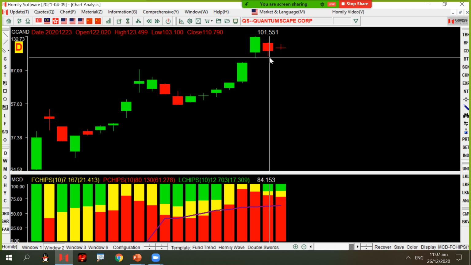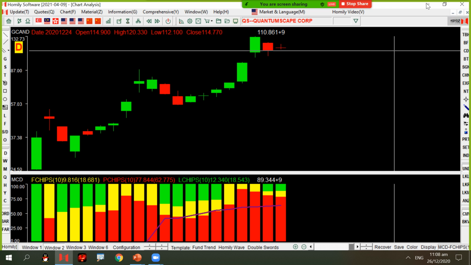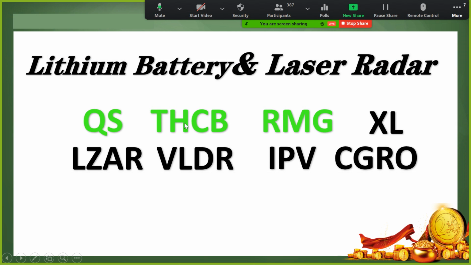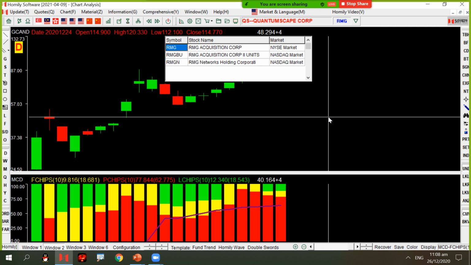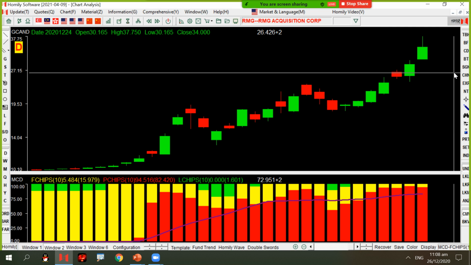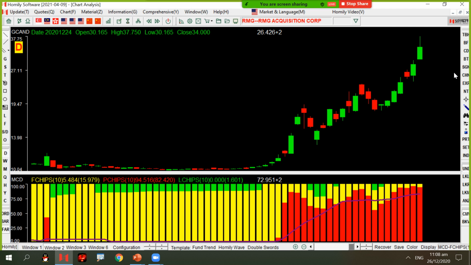Okay, you see, it's a lithium battery sector. Then some other ones, THCB, RMG. We check the RMG. You see, even though the market is not so strong, remember recently all the retail investors focus on SPAC IPOs, like so many shares.